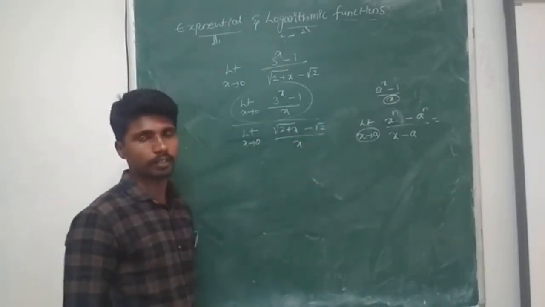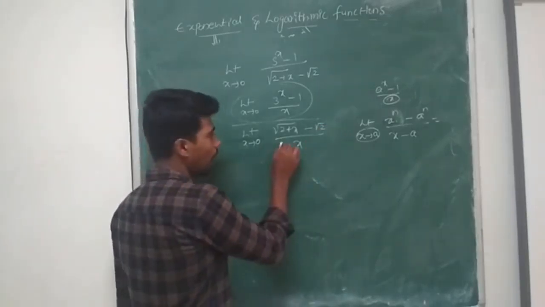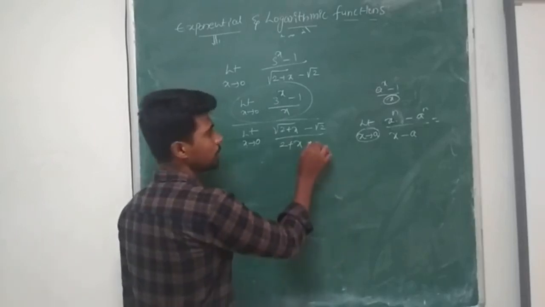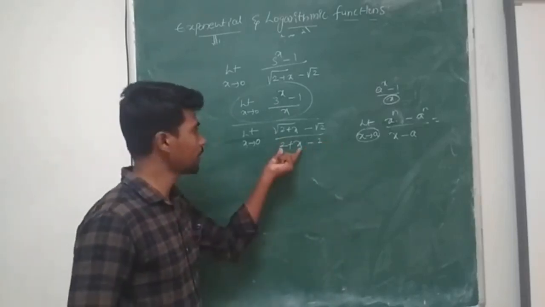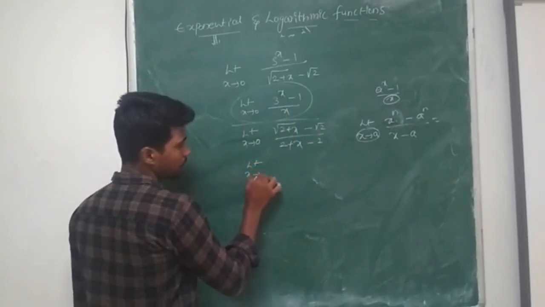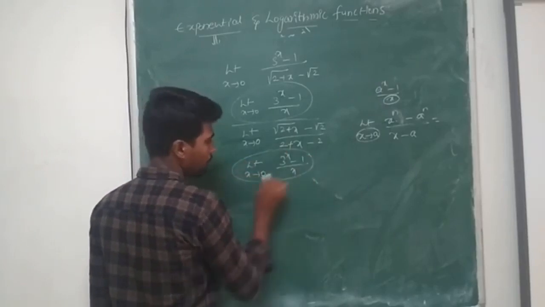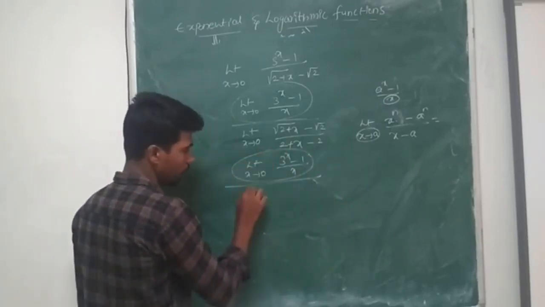What about the denominator? Simple. Add 2, subtract 2. So what do we get? Limit x tending to 0, a power x minus 1 by x, apply the formula, divided by limit.